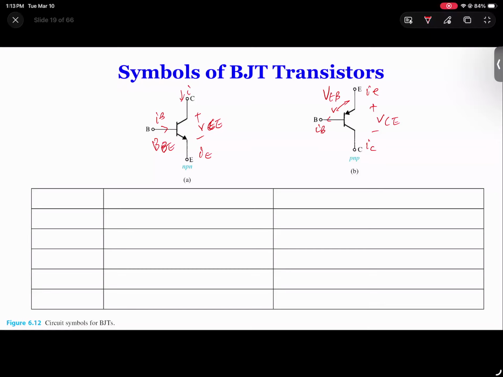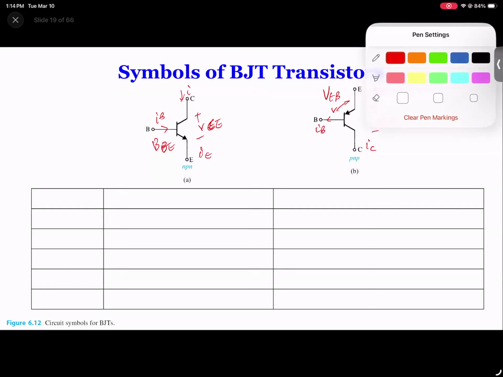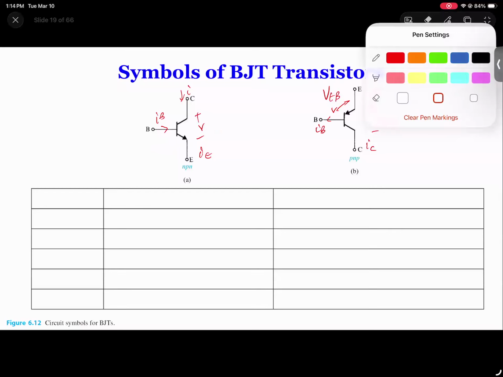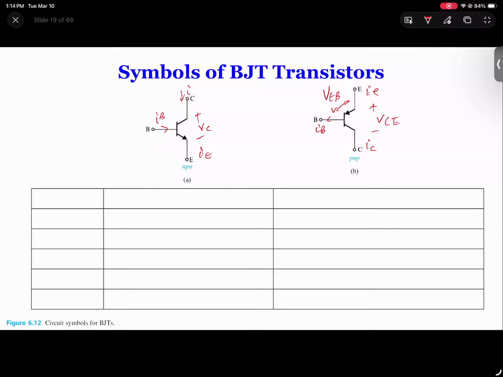So the voltage here we call VCE, now we call the VB becomes VB.